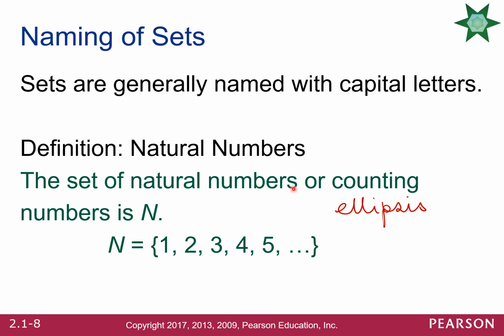So the set of natural numbers or counting numbers is N, can be represented as N equals, and then you have to use these curly braces and then list the different elements, up to a few of them separated by commas, and then you can use the dot dot dot, because natural numbers keep going and going all the way to very large numbers. They're not possible to list all of them on a paper, so we just represent them with these three dots.